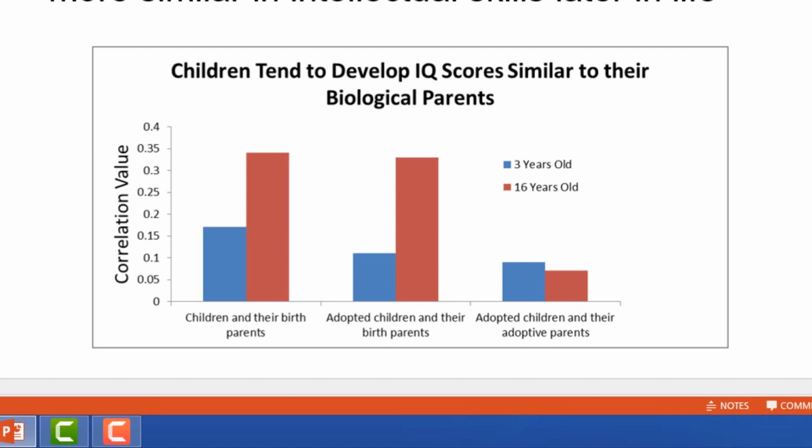But as they get older, the intellectual capacity that they show tends to appear more and more similar to their parents.